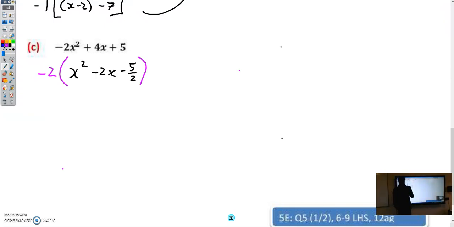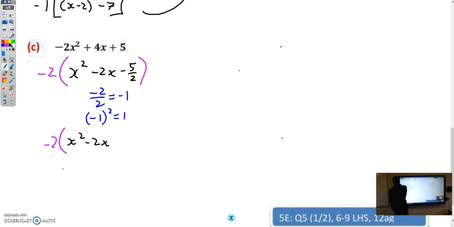We complete the square. Minus 2 on 2 is minus 1. Minus 1 squared is equal to 1. We're going to add and subtract it into our equation. So we will have our x squared minus 2x plus 1 minus 1 minus 5 on 2, all in brackets.